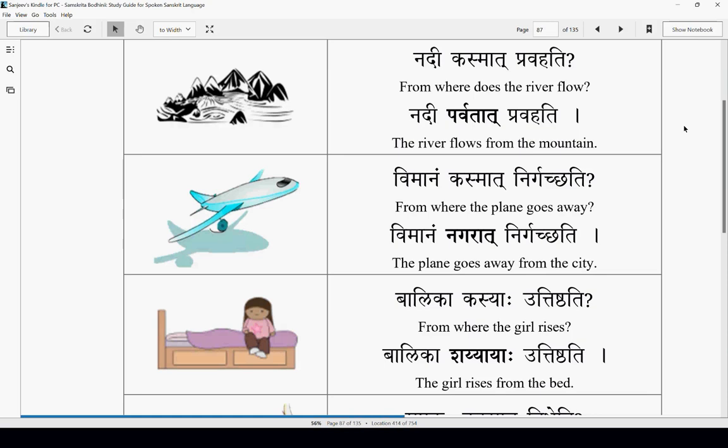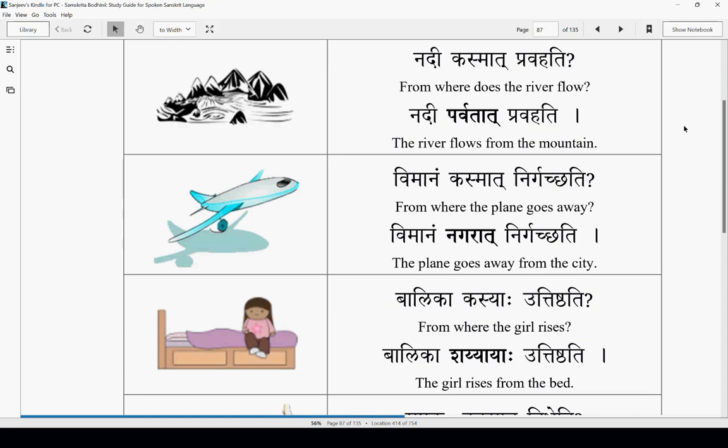One question, Mahodaya. If it was not nirgacchati but gacchati, would it be the same meaning, like Vimanam nagarat gacchati? Same meaning. Vimanam nagarat gacchati.